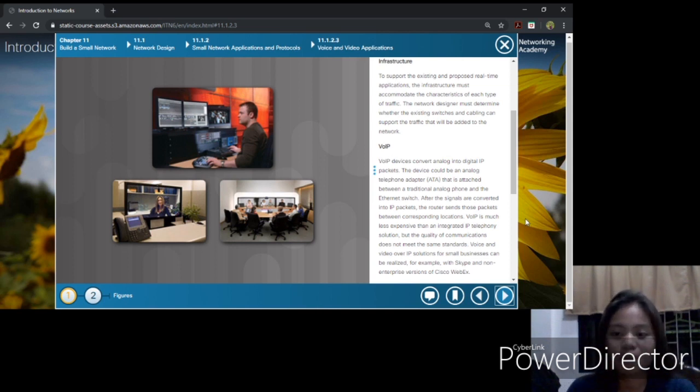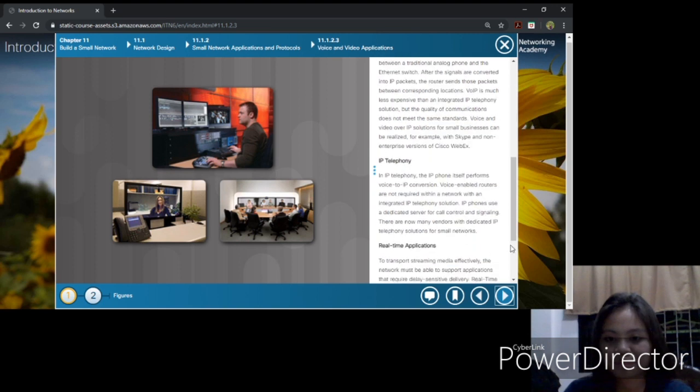VoIP is much less expensive than an integrated IP telephony solution. So, for example, with Skype and the non-interface version of Cisco WebEx, the IP telephony itself performs the voice-to-IP conversion. IP phones use a dedicated server for call control and signaling.